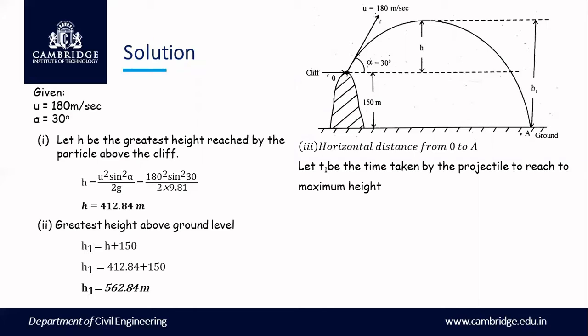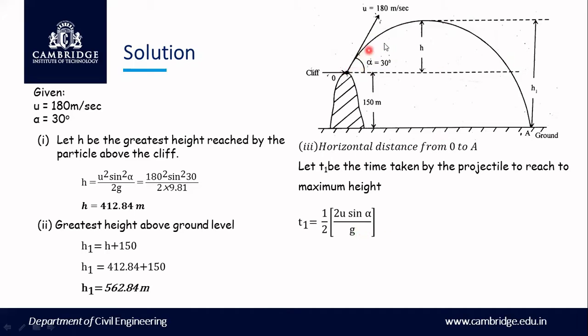So let T1 be the time taken by the projectile to reach the maximum height. So from here to here, it will take T1 seconds. For a normal projectile that starts from a certain level and comes back to the same level, we know that time of flight is equal to 2u sine alpha by g.